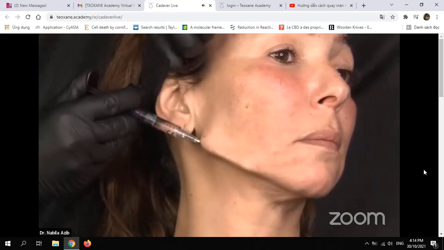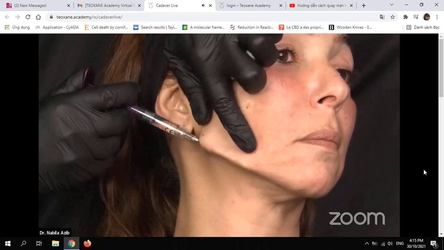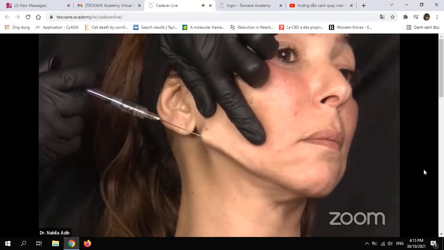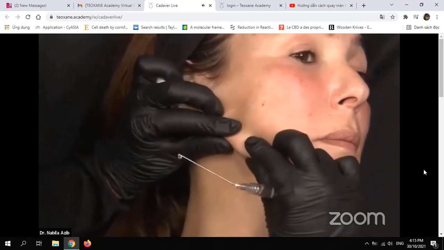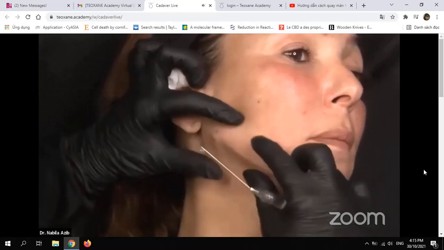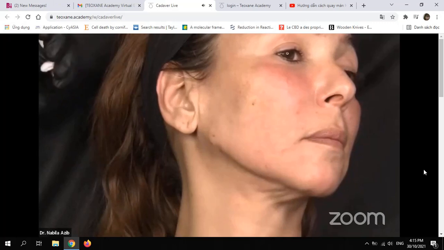And now you see that I'm more superficial than I was before. Again, stretching the skin, quick thread, modeling the product, and this is how I can achieve a better definition of my jawline.